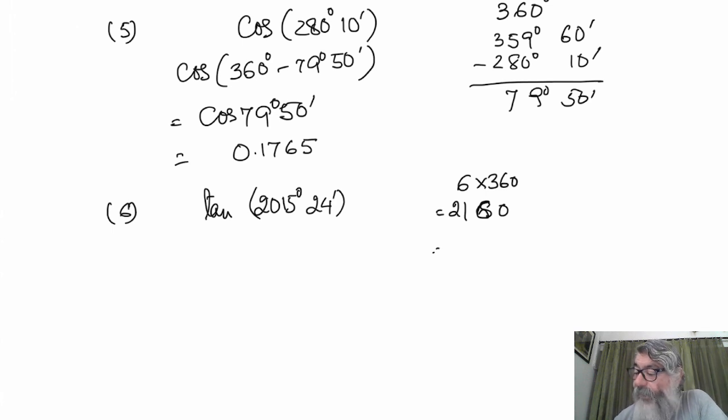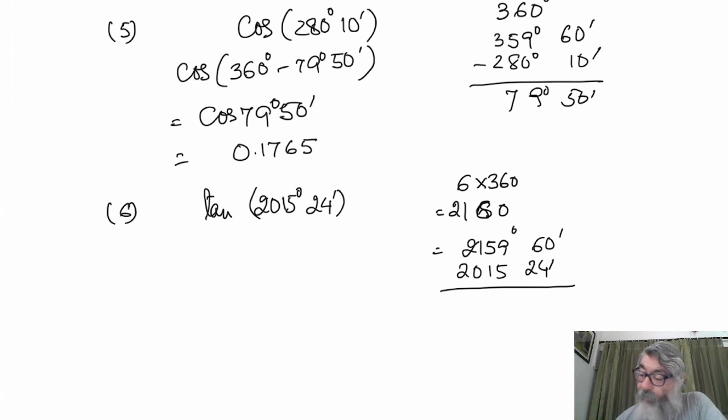So again we write 2159 degree and 60 minute and subtract 2015 degree 24 minute. What do we get? We get 144 degree and 36 minutes.